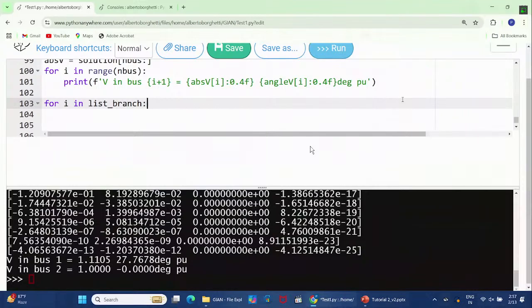And then I need here to calculate the flow in each branch. We can calculate here, but we can calculate directly into the object.